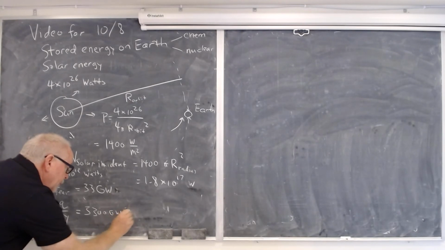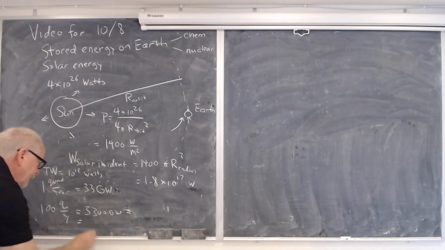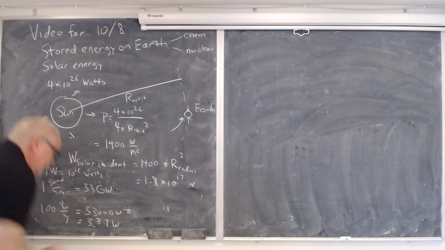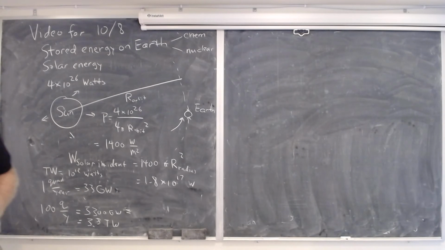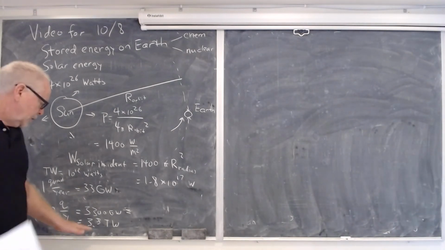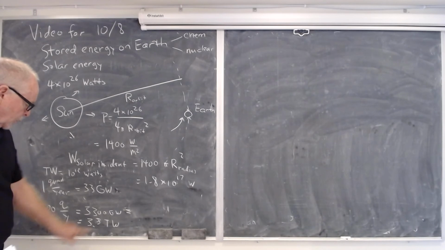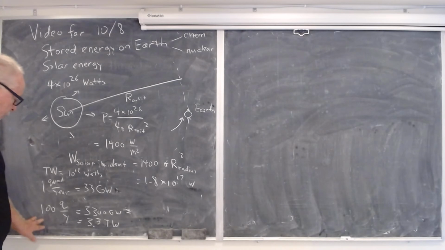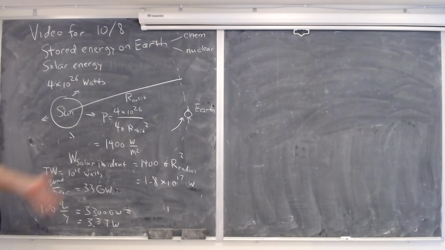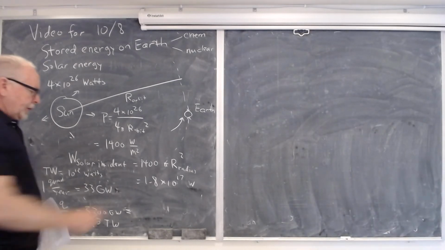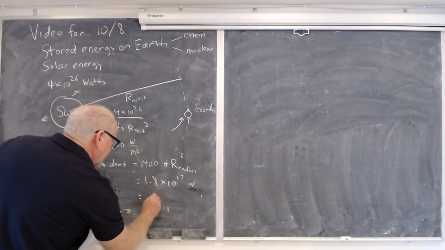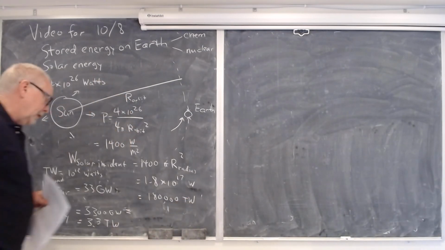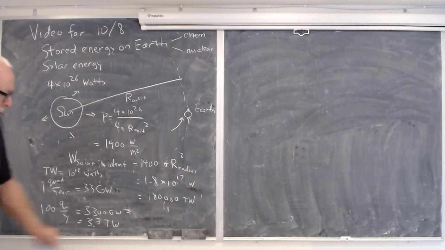So that's equal to 3.3 terawatts. So a terawatt is kind of a useful large amount of power because the US, for example, uses 3.3 terawatts at 100 quads per year. And so it's sort of a useful frame of reference. So if I convert that to terawatts, that's 180,000 terawatts. So it's a lot compared to what we consume, 3.3.